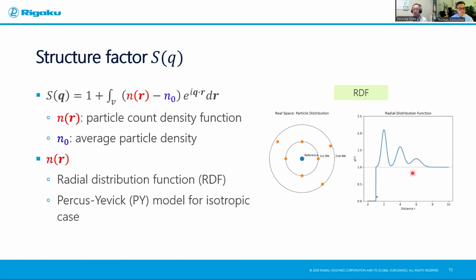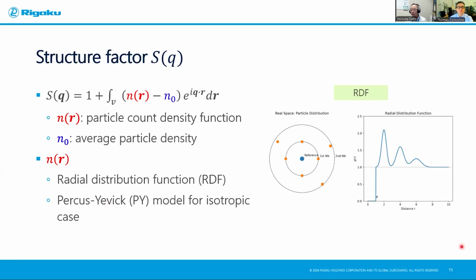However, to calculate the RDF, we have to know the arrangement of the nanoparticles, or we may need to calculate over many, many nanoparticles in your sample. That's why we introduce an approximation. The Percus-Yevick, or PY, model is applicable for the isotropic case.